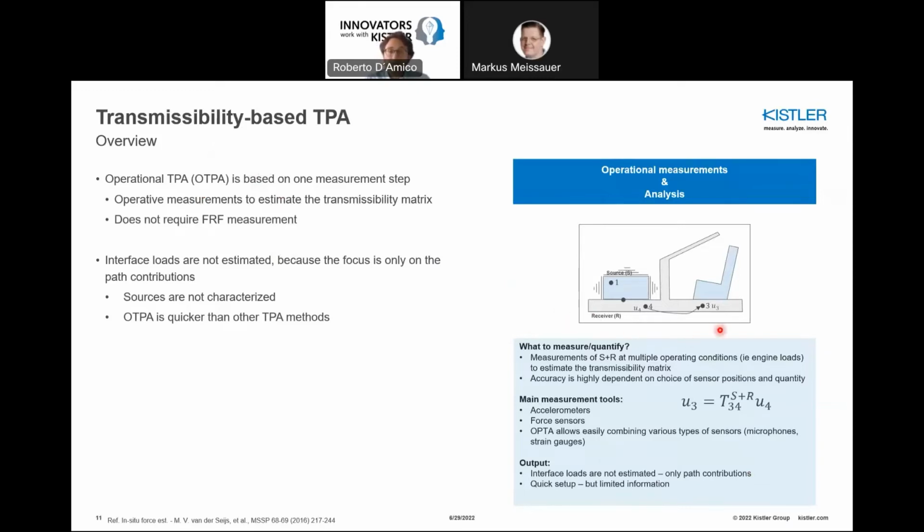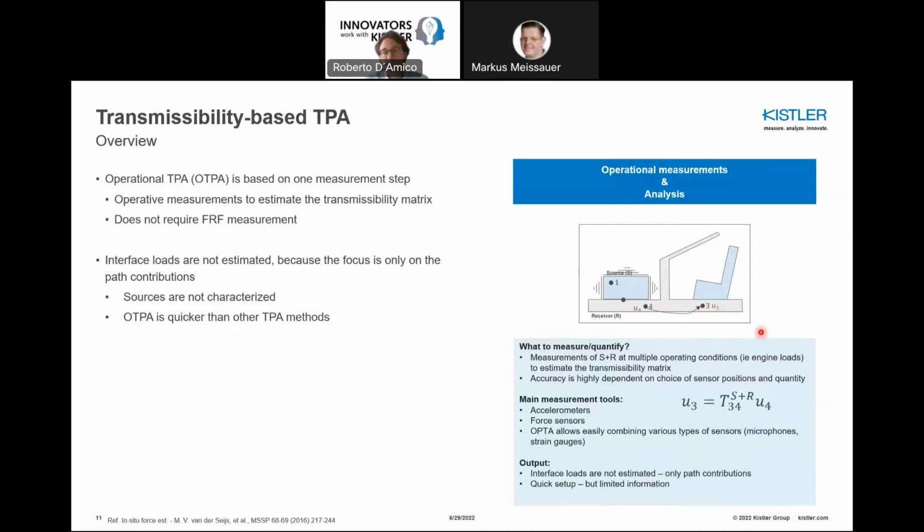What we do in this approach is not any longer to measure interface information. We take the measurement usually on the receiver. We try to measure what is happening, for example, around the source, or we try to measure what is happening in terms of transmission paths. We let the source run under different conditions to get a good statistics of our transmission information.